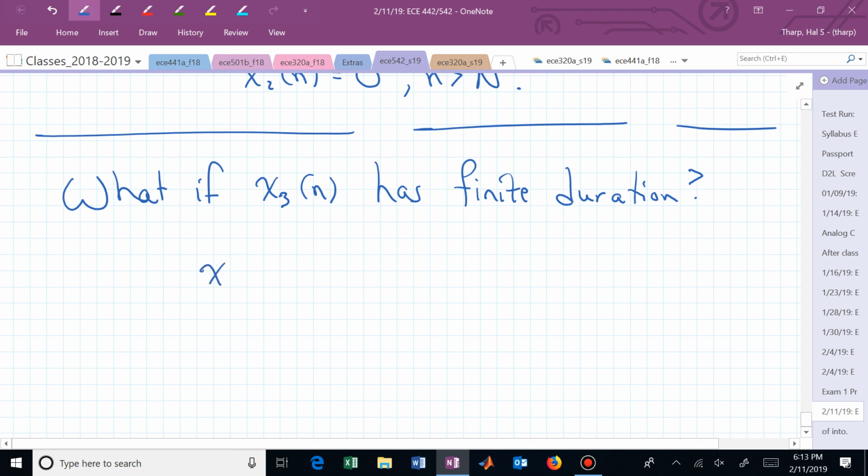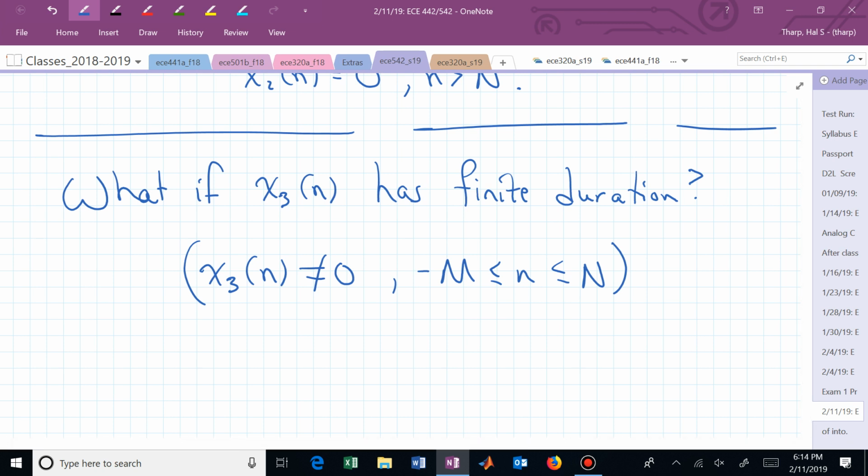I don't know if this is going to be confusing or not. Can I say that x sub 3 of n is not equal to 0, let's say, between little minus capital M and capital N?